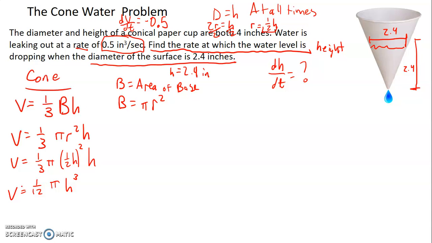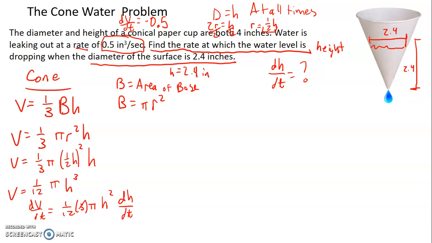At this point, I only have 2 variables. When I take the derivative with respect to time, I'll get dV dt, and then I'll be able to find dH dt. The derivative of volume with respect to time is going to be 1/12 times 3 times pi times h squared times the derivative of h with respect to time.